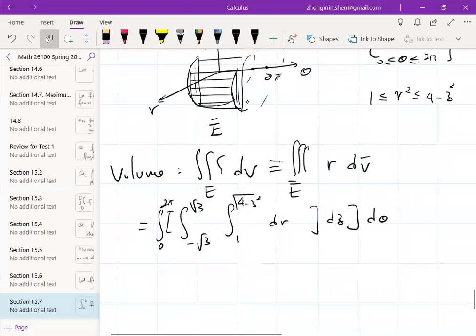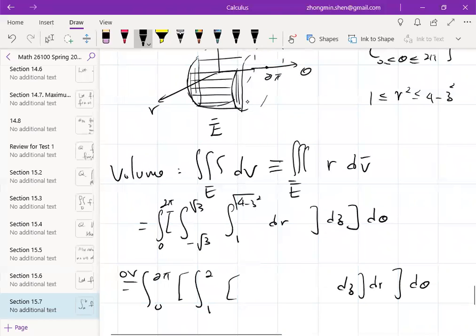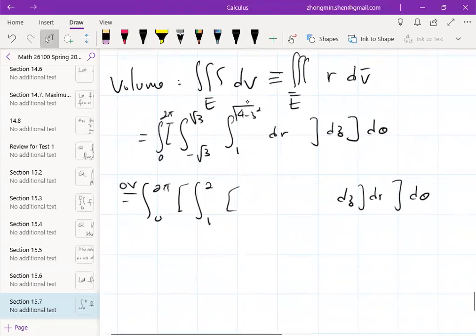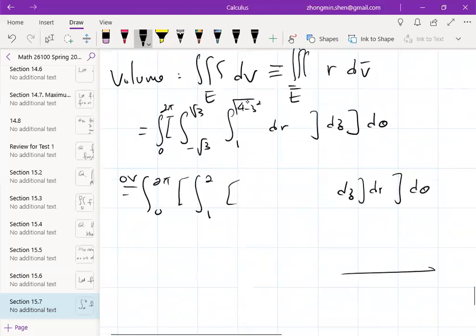Another way to do it is you still use R from 1 to 2, and you have to figure out the Z. When you look at this picture again, R is between 1 and 2.